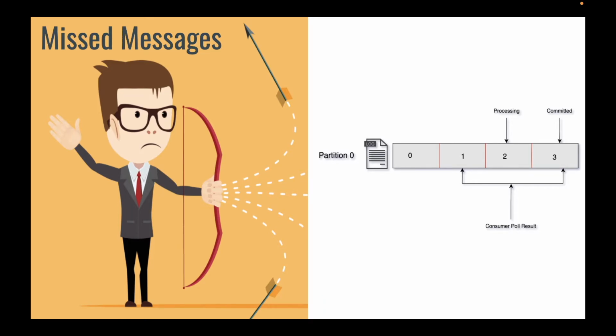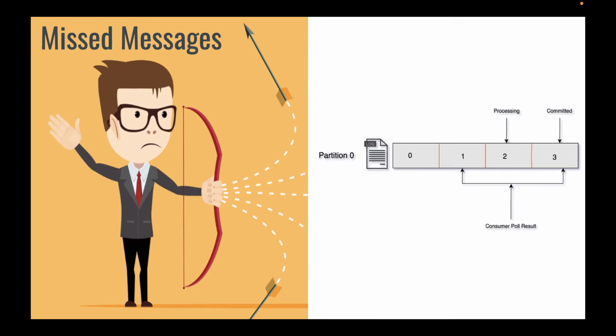With the same scenario that we used before, now assume the first, or 0, has been committed, then it got 1, 2, 3. Now our consumer has processed the first one, number 1, and is now processing number 2. But due to some configuration, this consumer has committed offset 3.